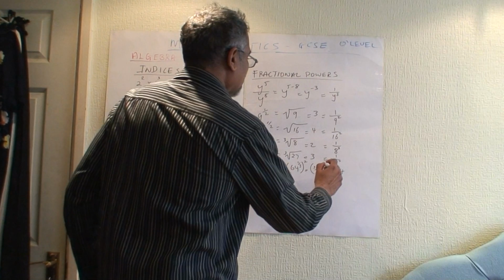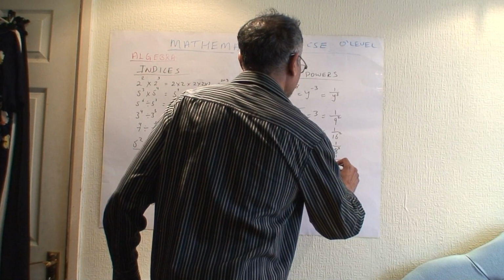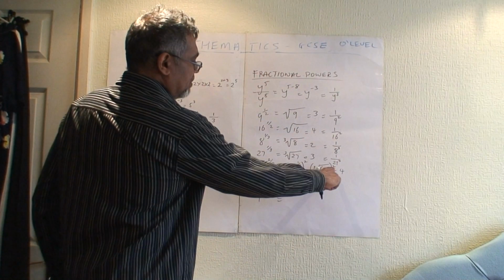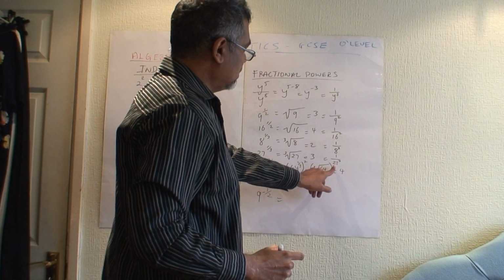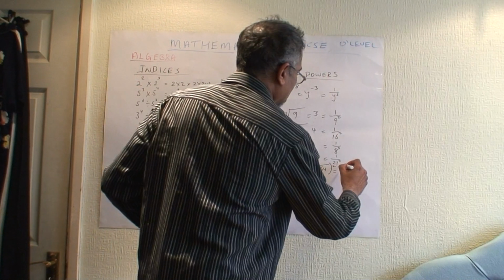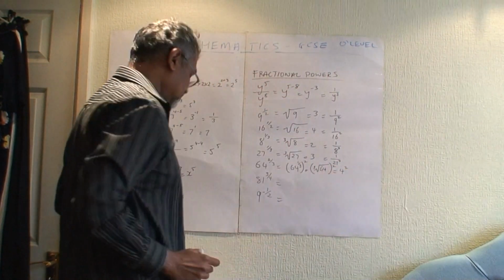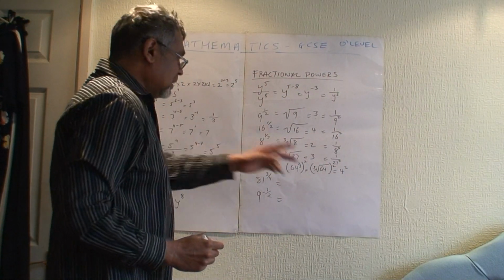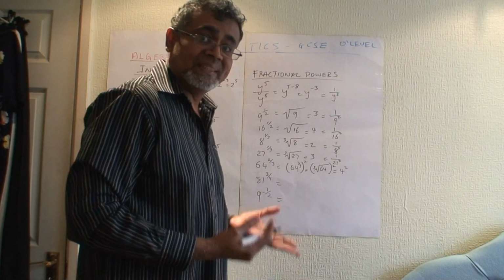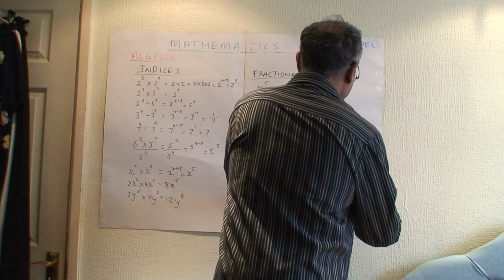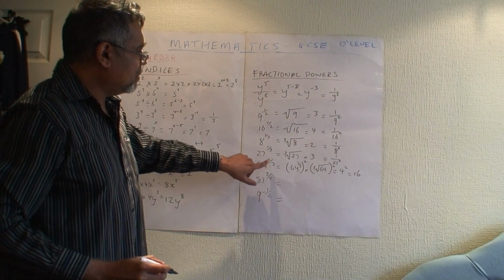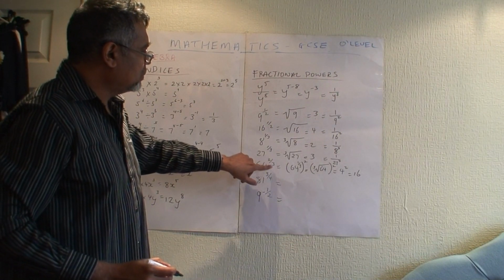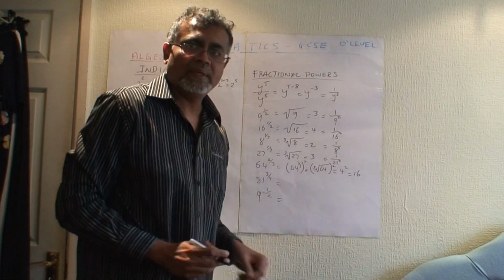Okay, now we can't forget the squared. Right? Okay, so it is 4 squared. Alright, and 4 squared is 4 multiplied by 4, which is 16. Okay, so 64 to the power of 2/3 is 16.